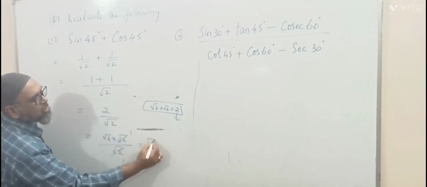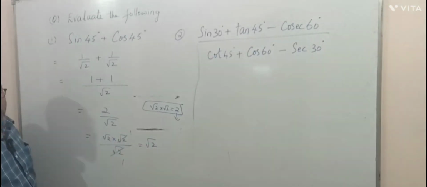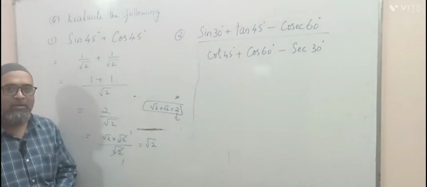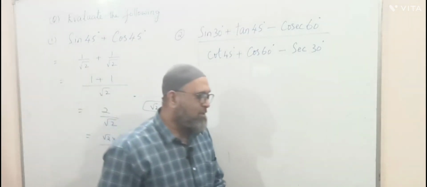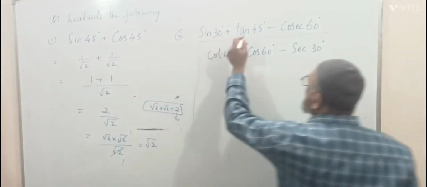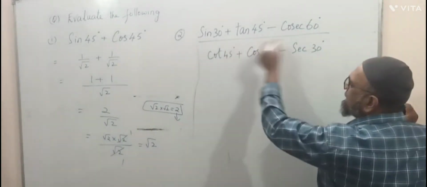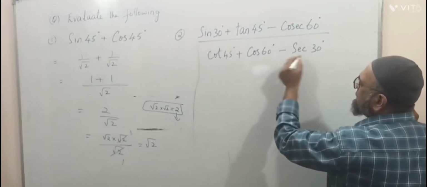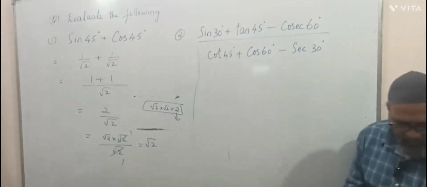So the answer is root 2 by 1, but we will write root 2 as the answer. Second example is (sin 30 plus tan 45 minus cosecant 60) divided by (cot 45 plus cos 60 minus secant 30).